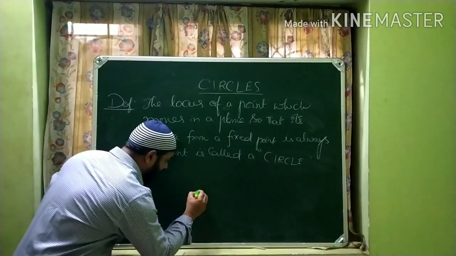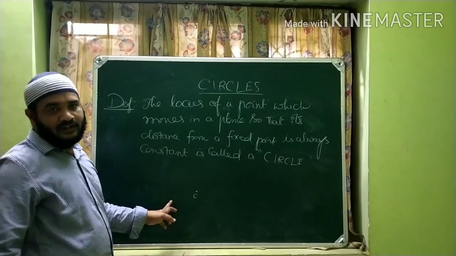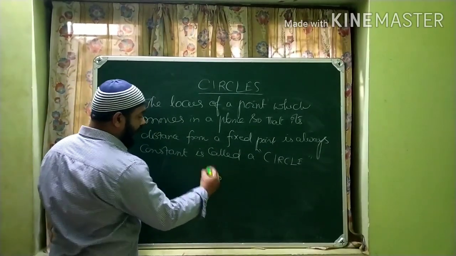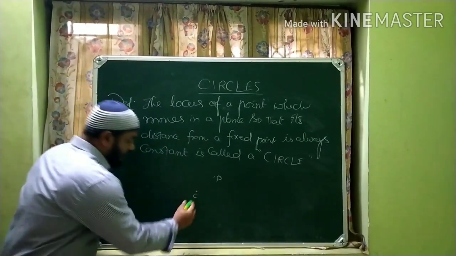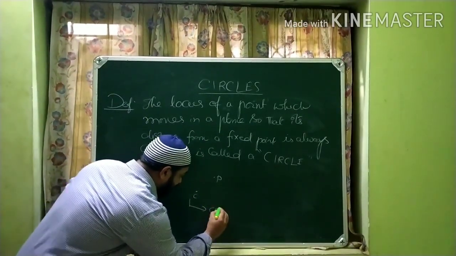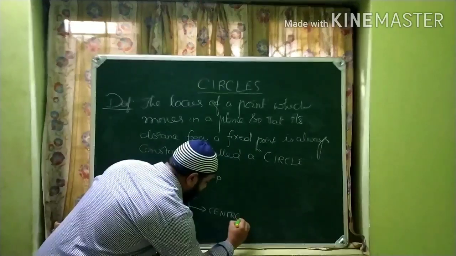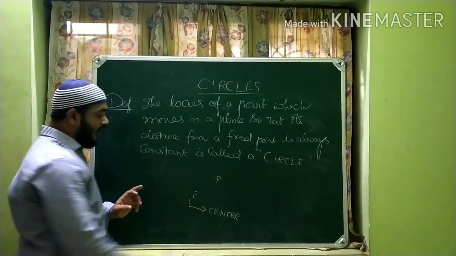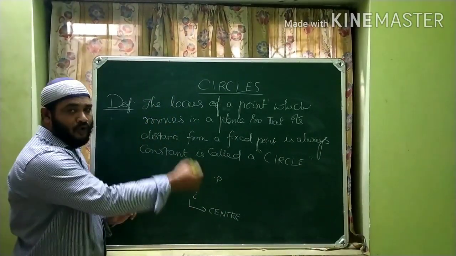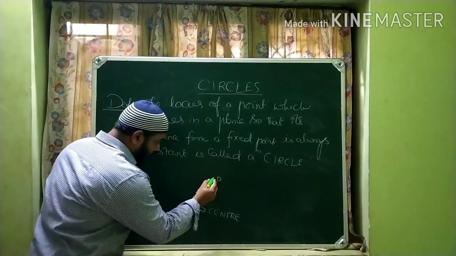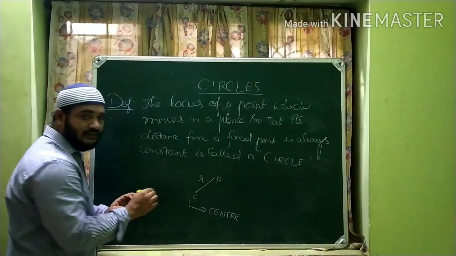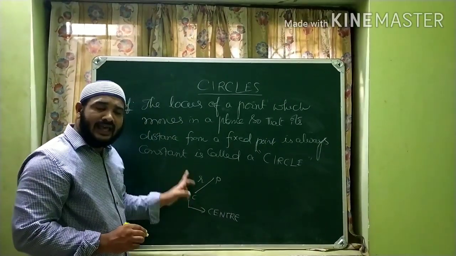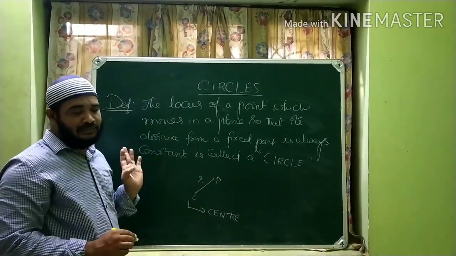So let C be a fixed point and let P be any point which is moving in a plane. So here C is what? Center of the circle, which is a fixed point, and P is a moving point in a plane. So if I join this and let us suppose this is R, what is this R? R is any non-negative real number.